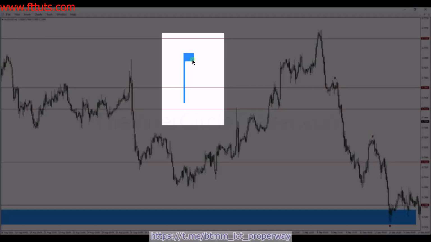What many times you'll see is the market will just make a slightly short-term higher high, and then collapse. This is the basis of turtle soup. And you see that here.